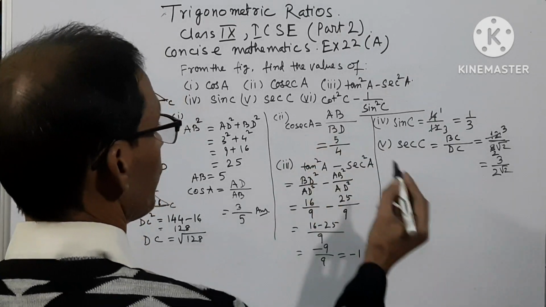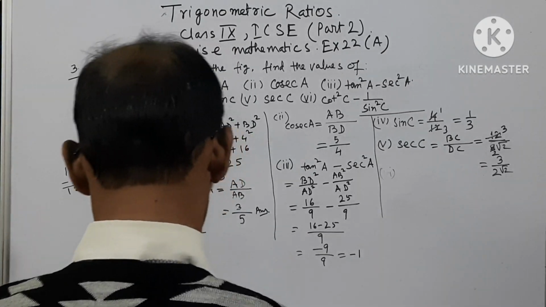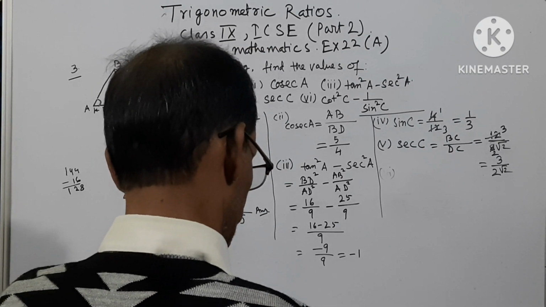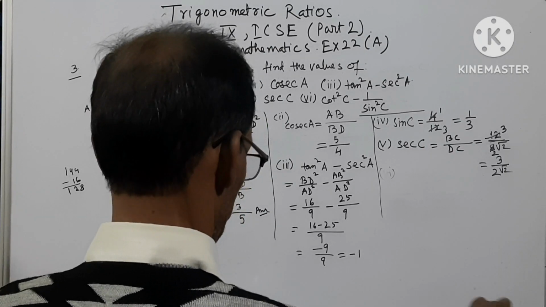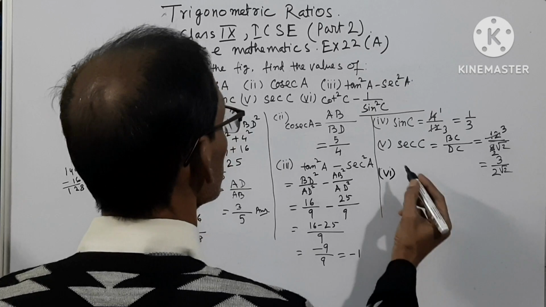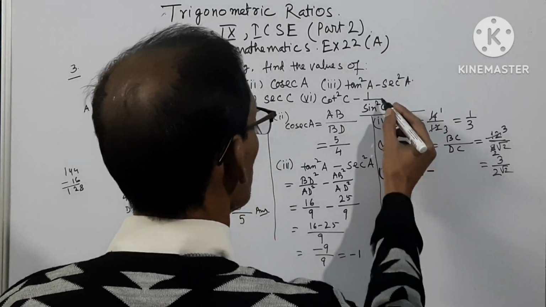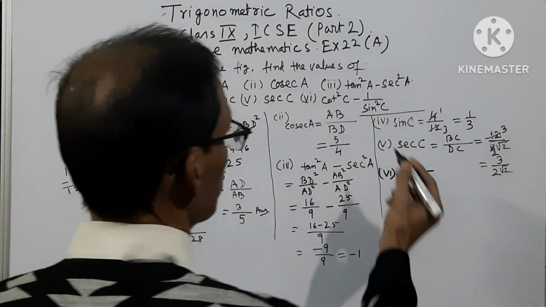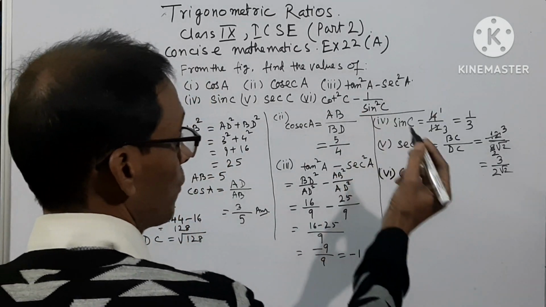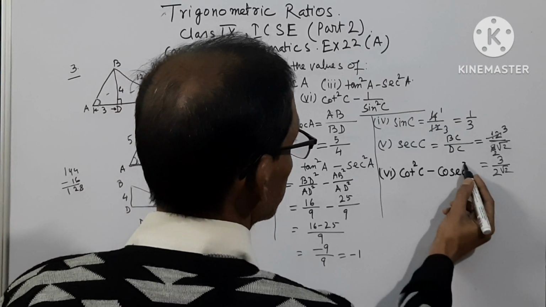Let's do the last one. Number 6, cot square C minus 1 by sin square C. 1 by sin square C you can write, the sine is reciprocal of cosec, so you can write cosec square C as well.